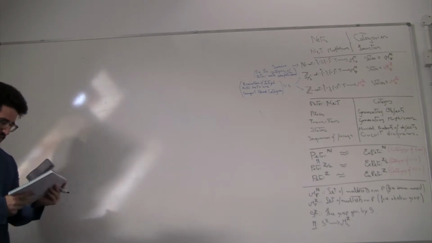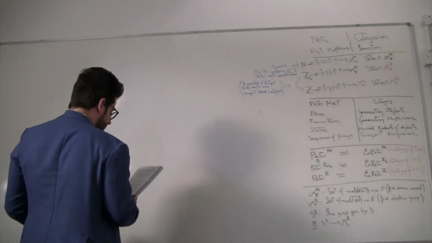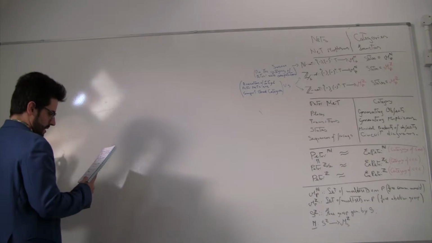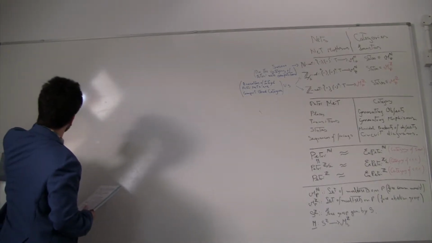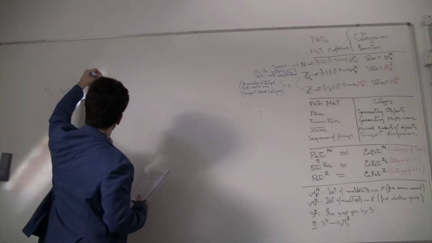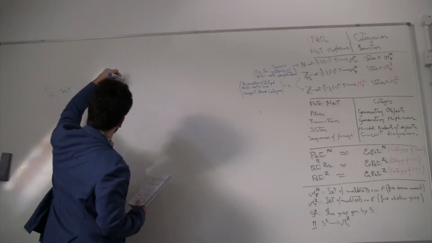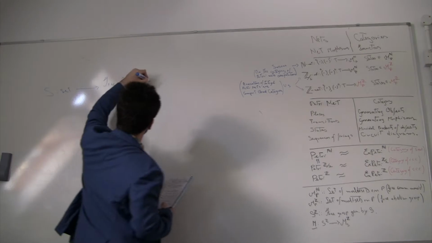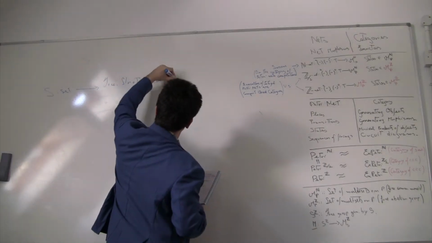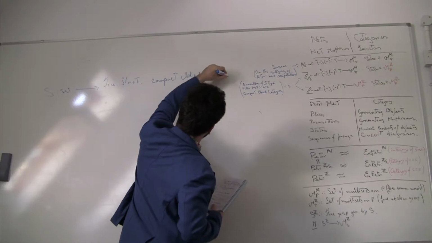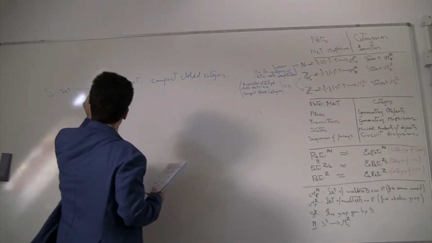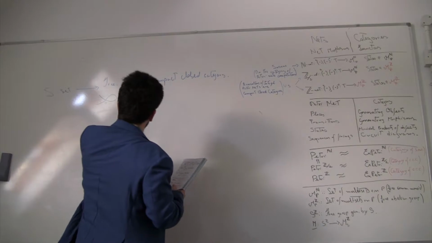I'll get to that in a second. So what I did is this. You take a set, and you generate the free, strict, compact closed category on it, modulo these axioms.